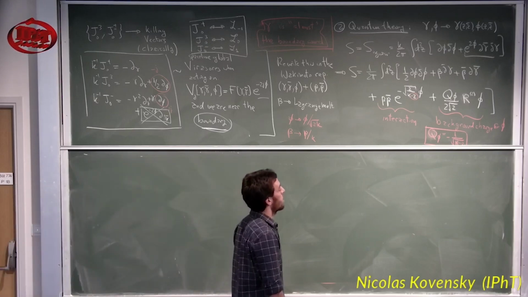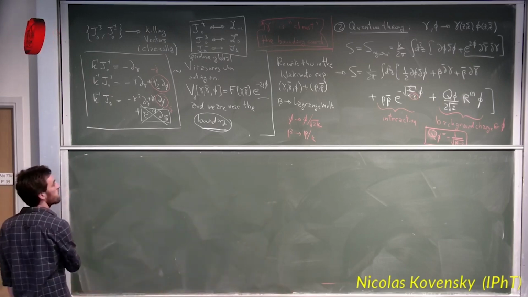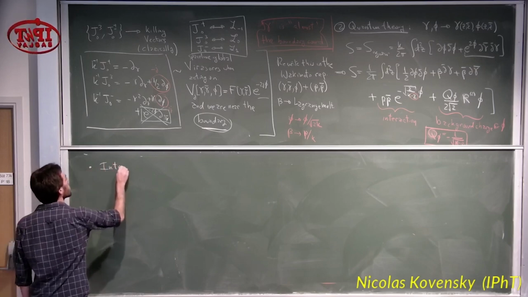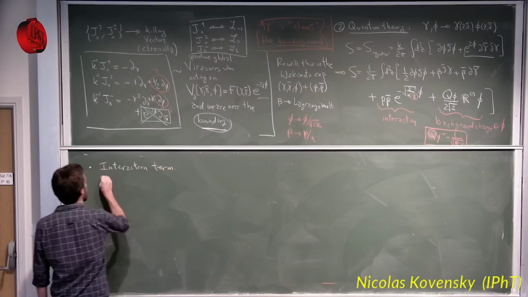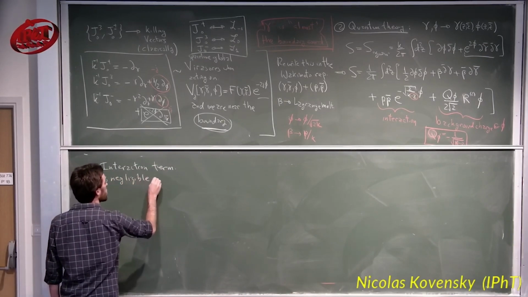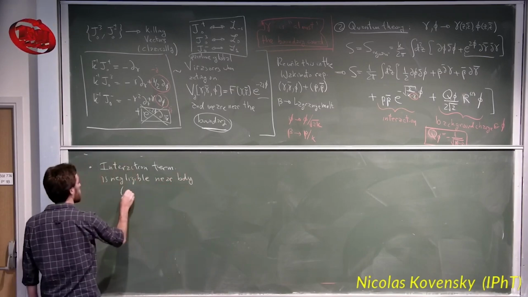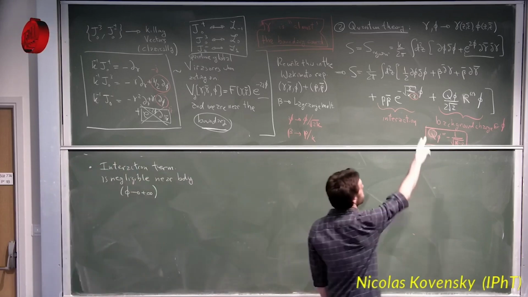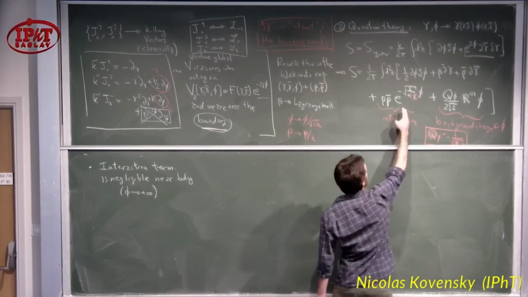Exactly. Well, one way to see this, what I'm going to write just now, is that, first of all, the first comment is that the interaction is negligible near the boundary. So again, at phi going to infinity, I changed the positive exponential in phi that I had in the first line for a negative exponential here.